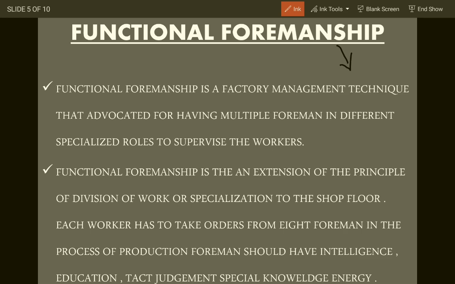So let's start with the meaning of functional foremanship. Functional foremanship is a factory management technique. This technique is used in the factory where the planning department is segregated from the production department. Earlier, he saw that one individual was handling the planning department as well as production.